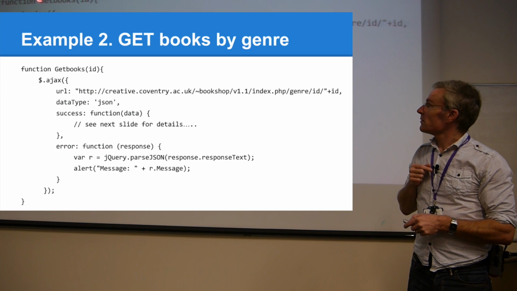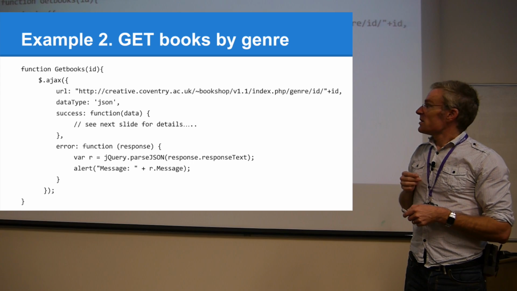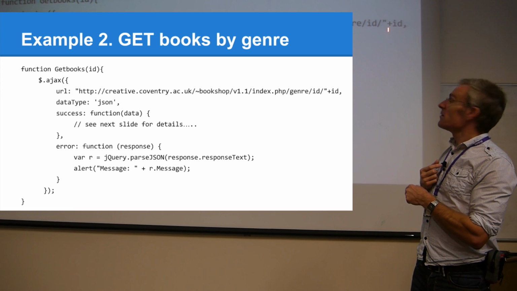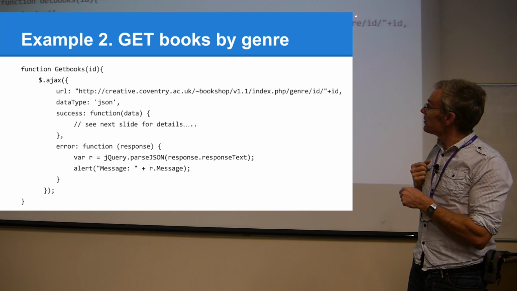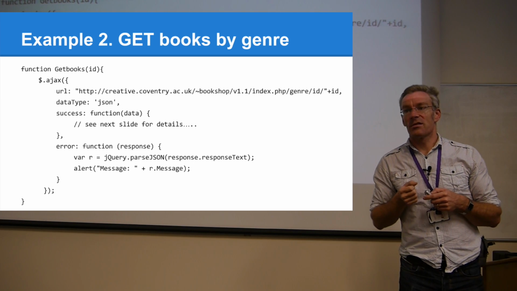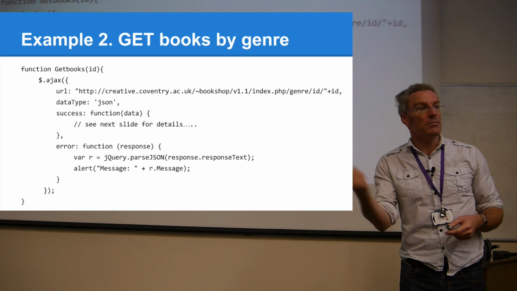And there it is. There's my function. So my URL now is going to have that ID parameter at the end, isn't it? So it knows which set of books to retrieve. And the rest of it is pretty much the same, isn't it? Once you've got your error message thing working properly, you can just copy and paste it.